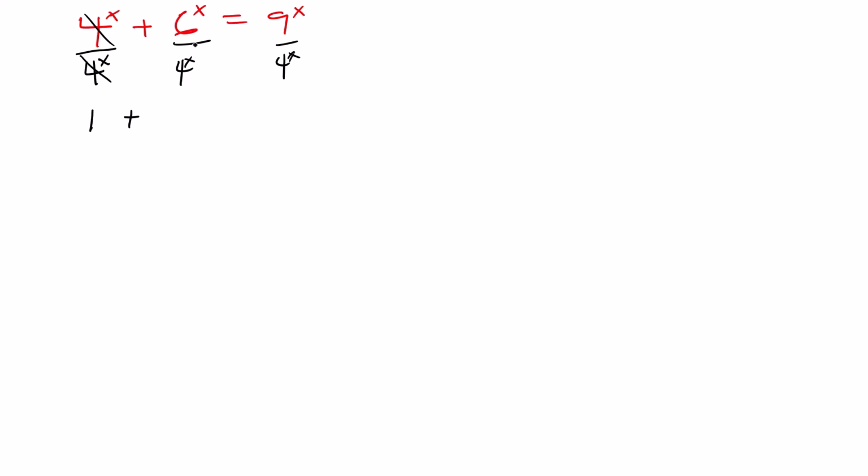Now we have 6 raised to x on 4 raised to x. In case we are given a raised to n on b raised to n, because the powers are equal, we can take it out. So this side is the same as a over b, all raised to n.